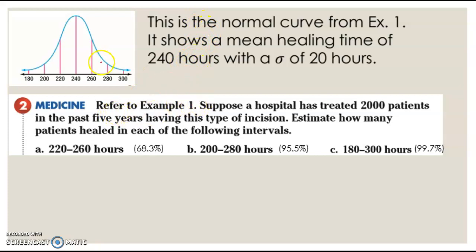Refer to example 1. That's right here. Suppose a hospital has treated 2,000 patients in the past 5 years having this type of incision. Estimate how many patients healed in each of the following intervals. 220 to 260. So you are looking from here to here.